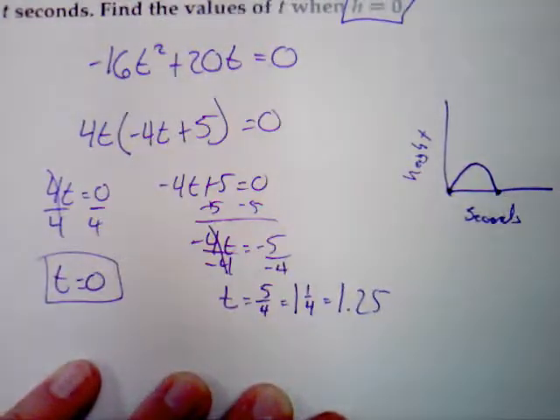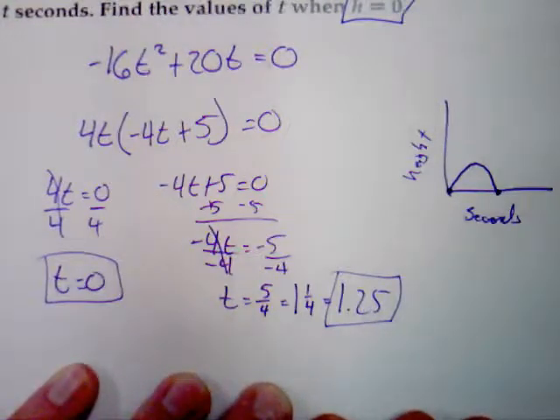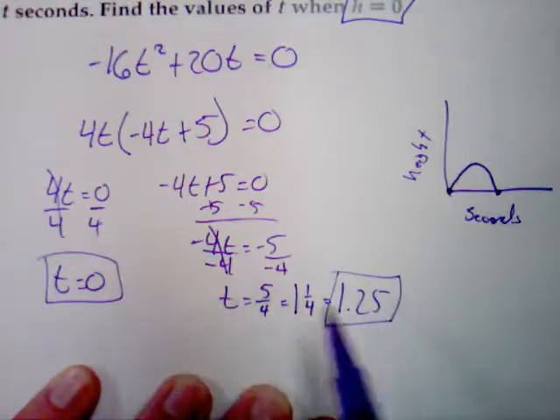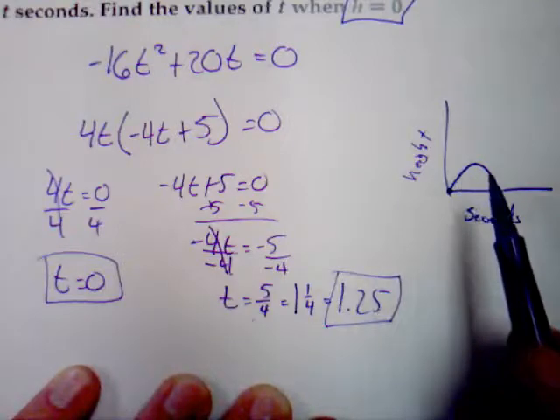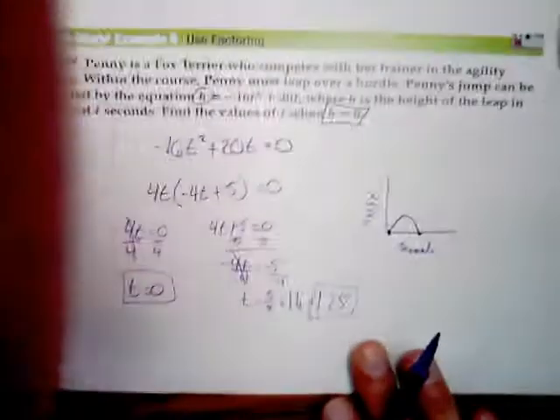The important part of this answer is right here. When she comes back down, 1.25 seconds have elapsed. So that means she was in the air for 1.25 seconds. That's how we can have two answers, because we have a curve like that.